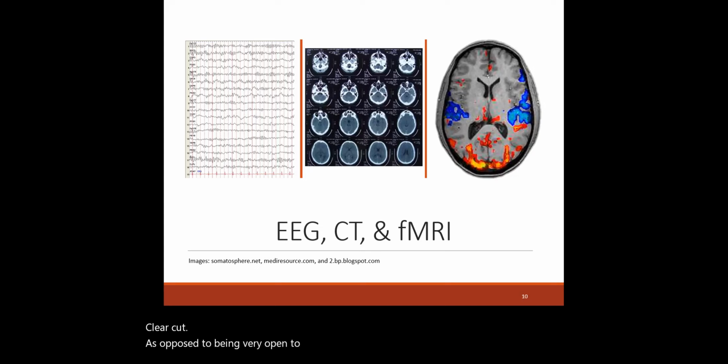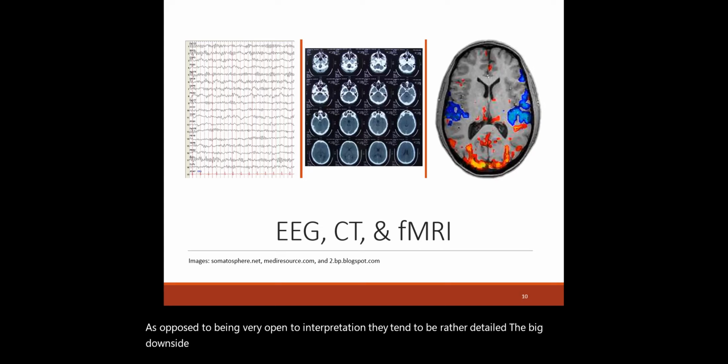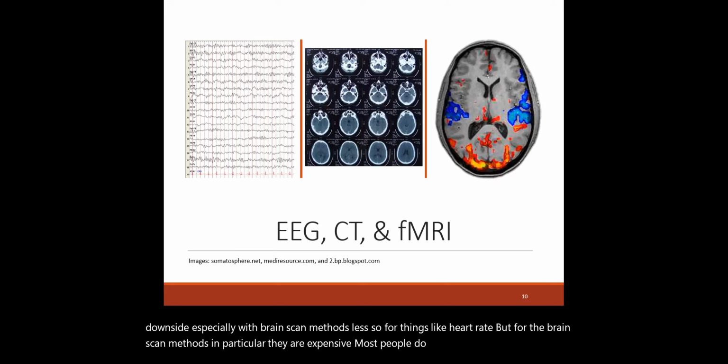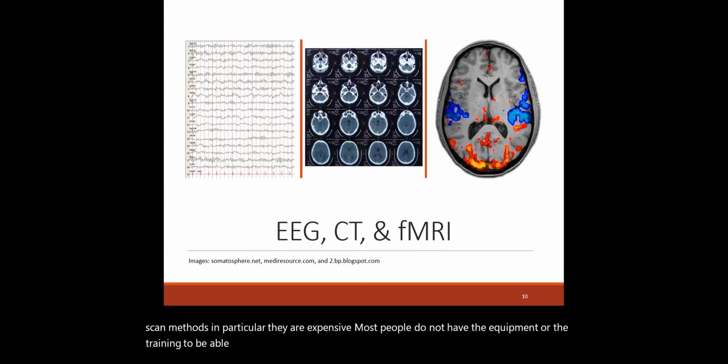They tend to be rather detailed. The big downside, especially with brain scan methods, less so for things like heart rate, but for the brain scan methods in particular, they are expensive. Most people do not have the equipment or the training to be able to use like a CT machine, right?